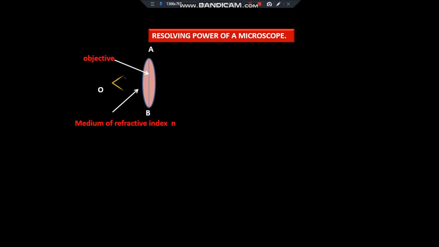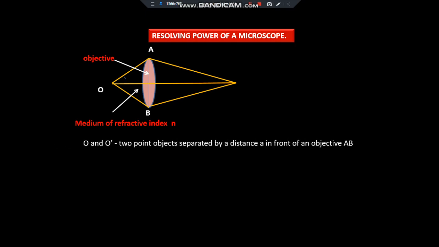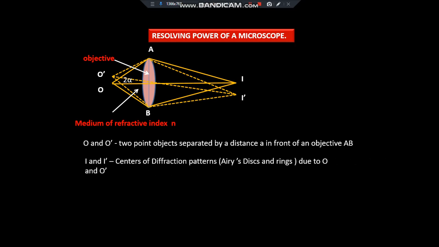So we have the object O, rays of light pass through the lens and get converged at I. O and O dash here are the two point objects separated by distance a in front of an objective AB. So we will have images I and I dash, and the angle is 2 alpha between them.